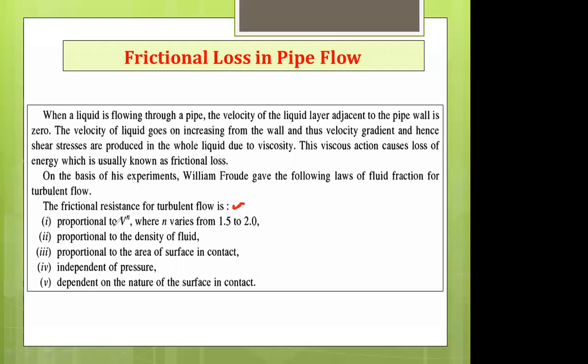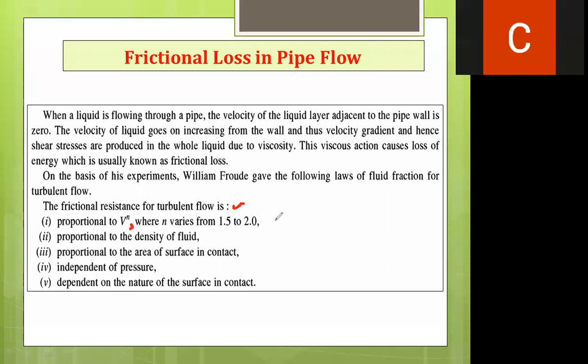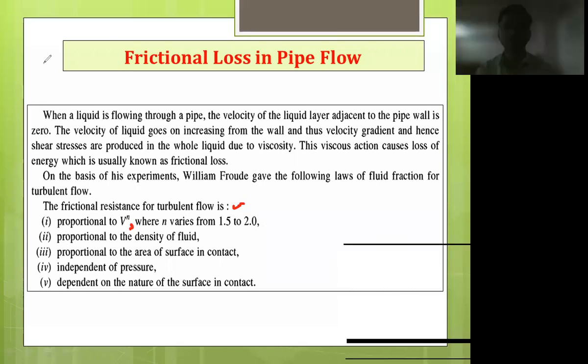First point, proportional to v to the power n, where n varies from 1.5 to 2.